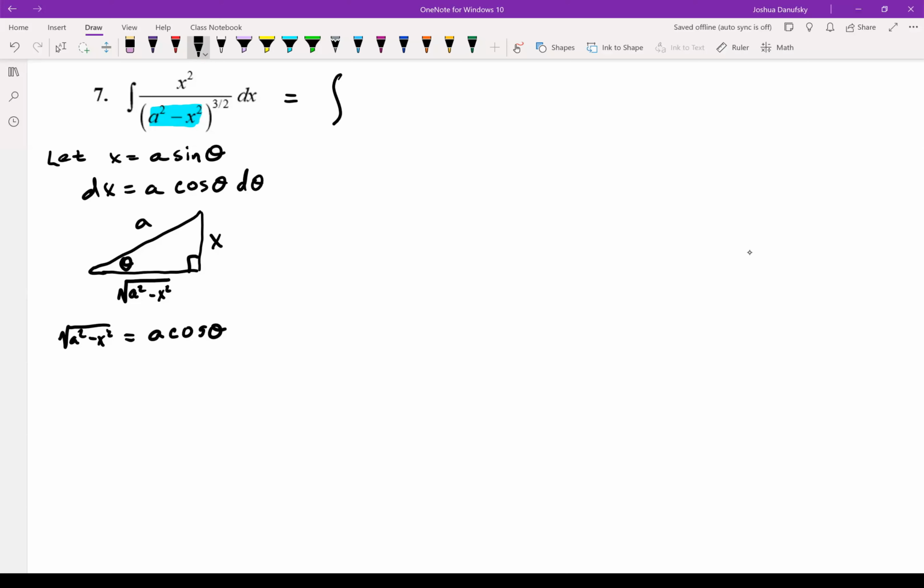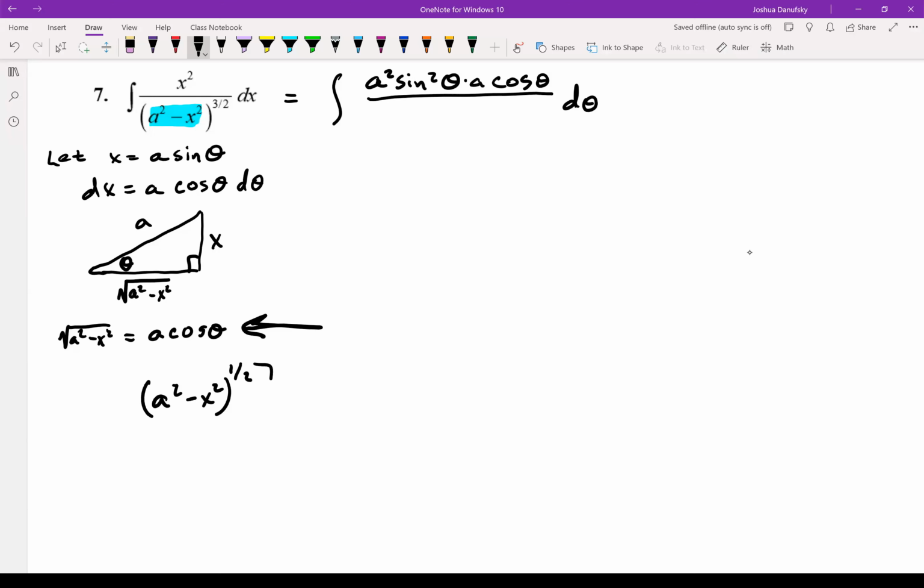In the numerator, we notice that we have x squared, which means we'll be squaring this here. Then we have our dx, which is right there. And all of this is being divided by this quantity to the 3rd power, right? We've got the a squared minus x squared in a square root like this, and all that is being raised to the 3rd power in the denominator.